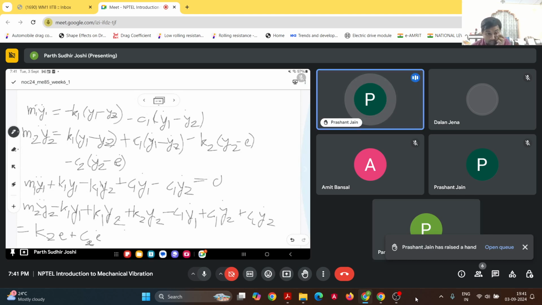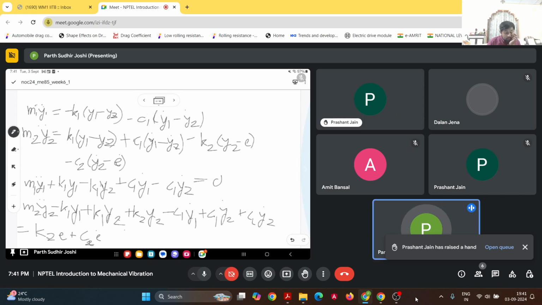Sir, one doubt. If the base is also moving, isn't this a 3 degree of freedom system now, or does it remain 2 degree of freedom? No, that's why I told you that if the motion of the base is already known, then that is not a degree of freedom. If that also becomes a variable, then it becomes a 3 degree of freedom system.